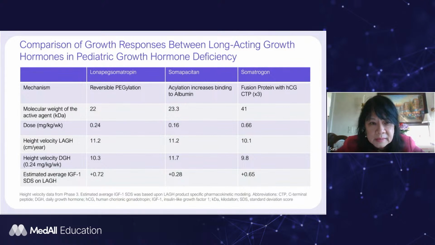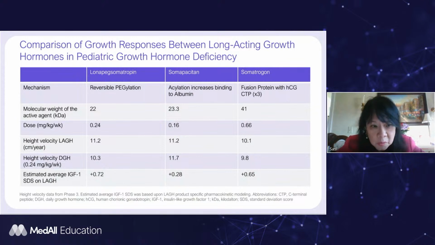As you can see in this table, the dose is different between each of the 3. We can't just use the same dose as weekly, the daily growth hormone. We have to make sure that we use the right dose calculation for the patient.